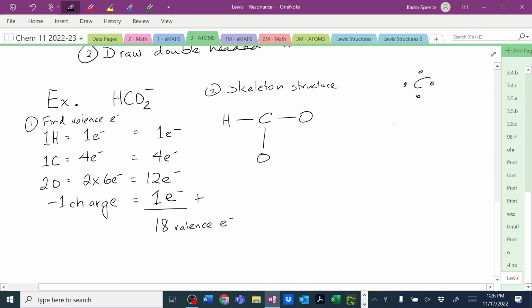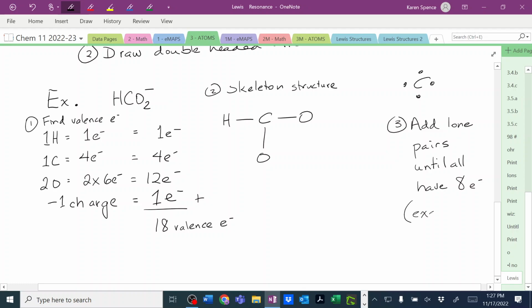Step 3, what do we do in step 3? Add lone pairs until all have 8 electrons.